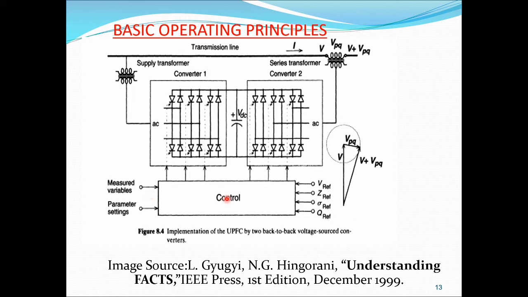These are the controllable structure. This is the back-to-back VSC to implement UPFC. The current traveling across this is I, and I would like to inject via this a new voltage, VPQ. V plus VPQ is the effective sending-end voltage.